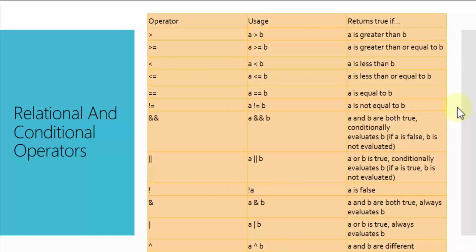Here are some of the operators and what they look like. The greater than sign simply means A is greater than B. The greater than or equal to operator implies that A is greater than or equal to B, and so on. There's a whole list, and we've used several of these throughout this course. You can take a look at these in practice as well.